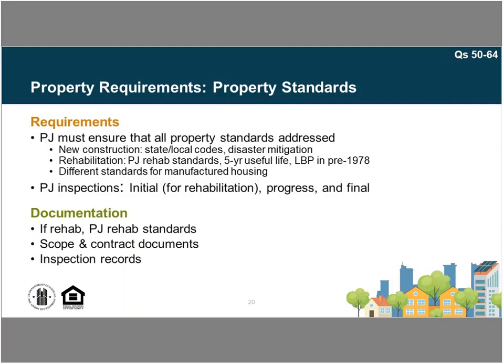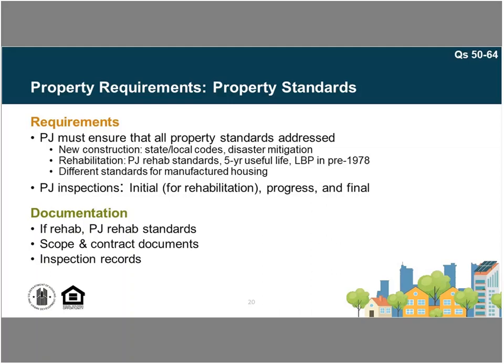The other thing that the property standards require is PJ inspections. The inspections fall into three categories potentially. If you're doing rehabilitation, there's a requirement for an initial inspection, which is used to determine what deficiencies need to be corrected and what improvements need to be made to bring the property up to HOME property standards.